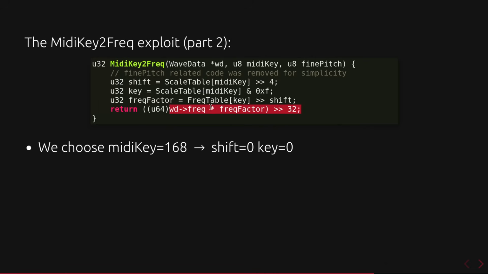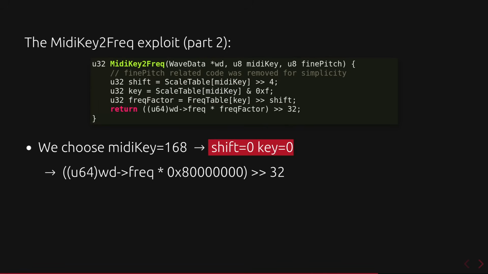Well, of course it's not obvious why you have to choose MIDI key 168. Essentially, it allows you to get a shift of 0 and a key of 0. And what happens if you choose this is that you get a frequency factor of exactly hex 8 and 7 zeros.